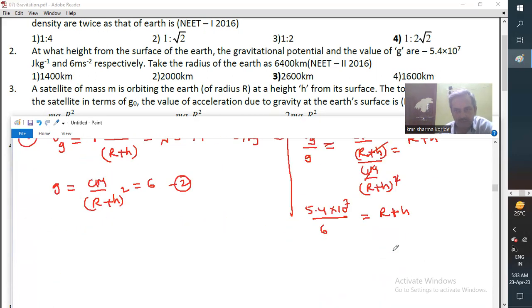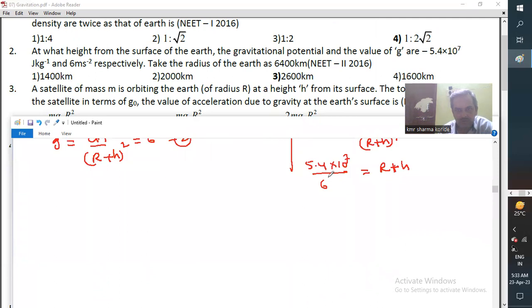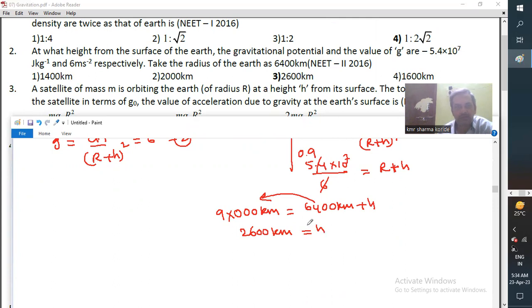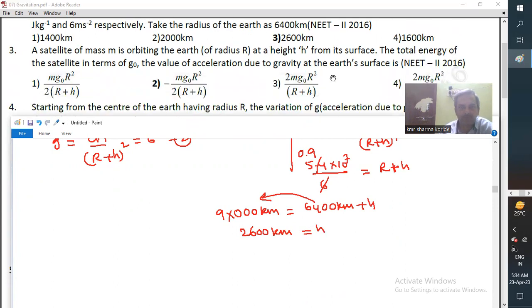So this is 0.9, you can make this as 9 into 10 to the power of 6 meters or 9000 kilometers, equal to R, 6400 kilometers, plus h. So 9000 minus 6400 will be 2600 kilometers. This is the answer. So the third option is correct.